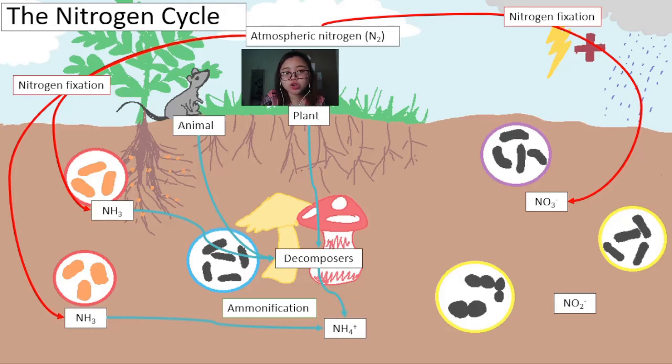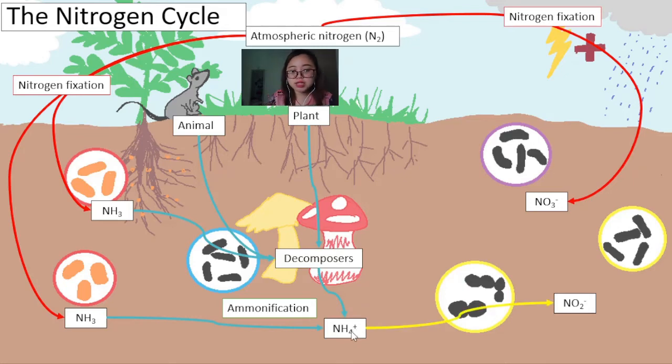Ammonium can also be produced through a process of decomposition. So the ammonia from bacteria or ammonia from animals or ammonia from plants can be decomposed by bacteria or fungi to produce ammonium. Okay, so bila benda-benda ini mati, dia akan decompose oleh fungi ataupun bacteria untuk menjadi ammonium.